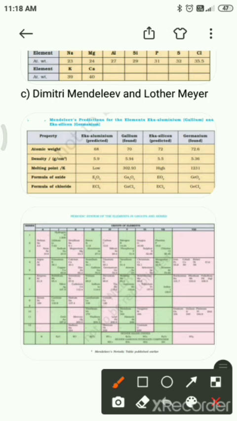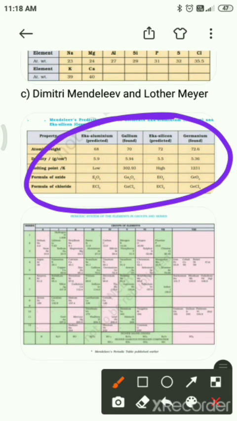Mendeleev predicted not only the existence of gallium and germanium but also described some of their general physical properties. These elements were discovered later, and some of the properties predicted by Mendeleev and those found experimentally are listed in the table you can see here.